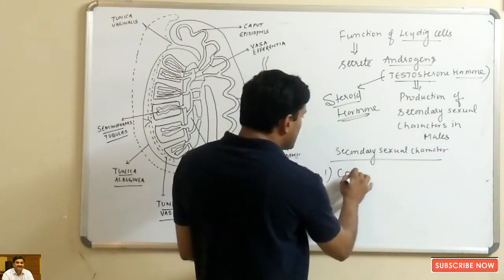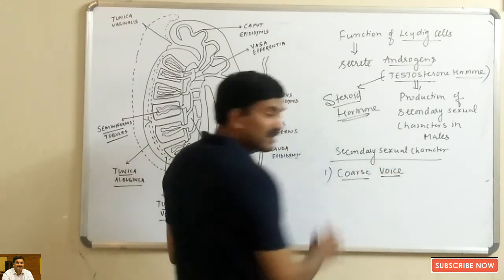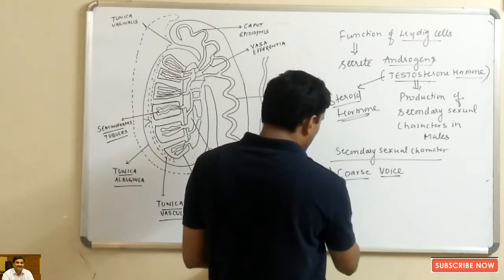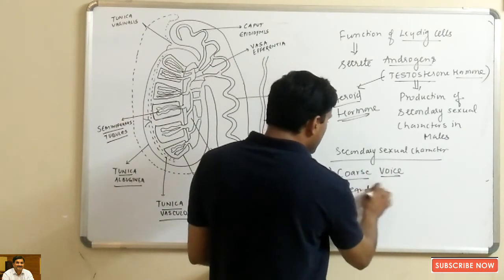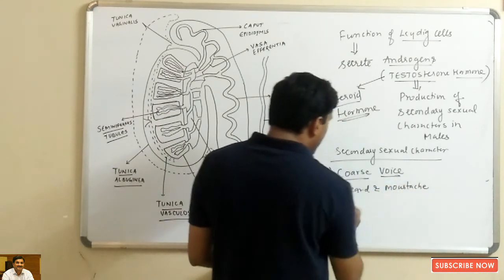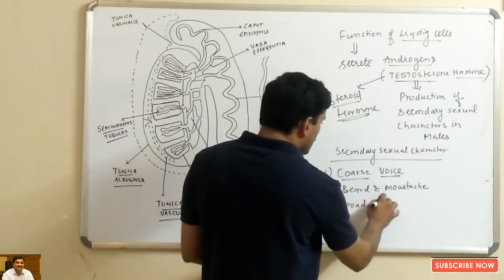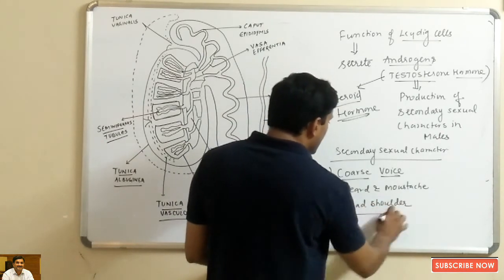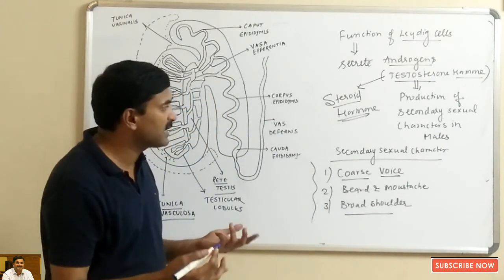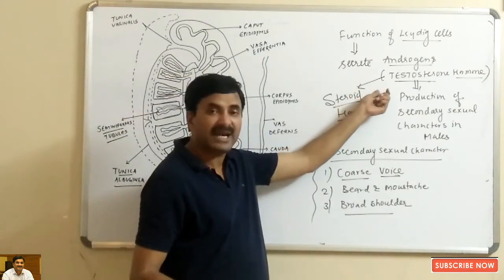Say, a coarse voice. Coarse voice means the voice is thick, not thin like the females. Presence of beard and mustache. Broad shoulders. These are some secondary sexual characteristics which are produced at the age of 13 to 14 when this hormone is active.